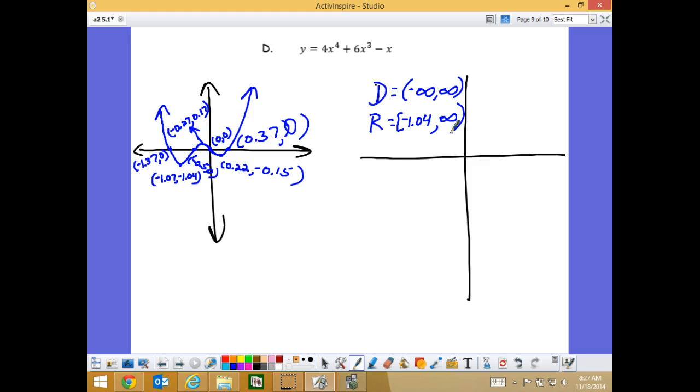So, we have two relative minimums, here and here, so we're going to list those both.